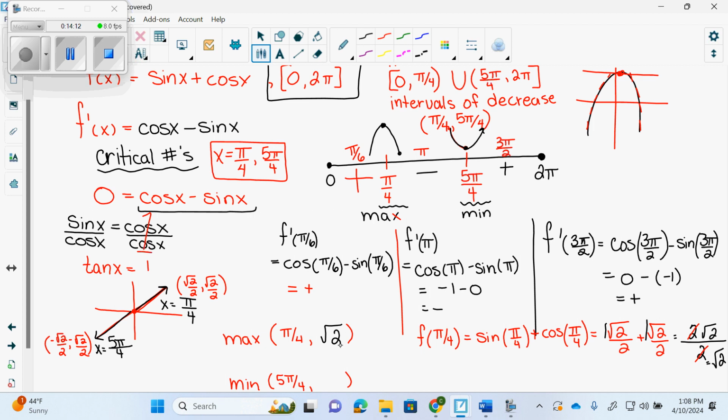Then I have to do 5 pi over 4. So I'm going to get sine of 5 pi over 4 plus cos of 5 pi over 4. What is sine of 5 pi over 4?